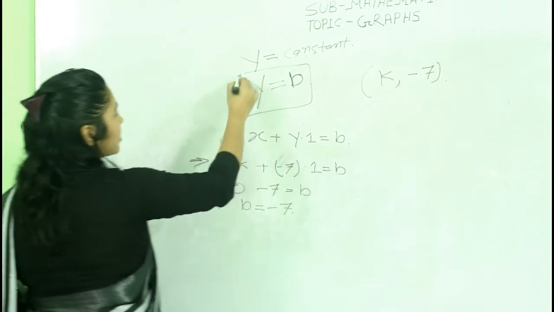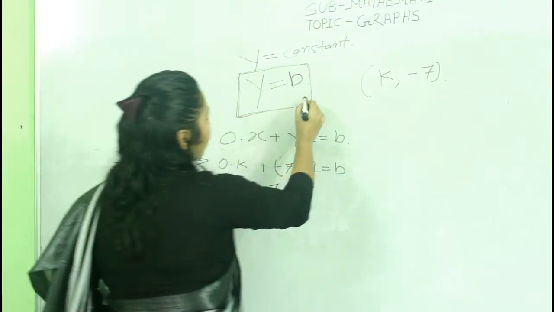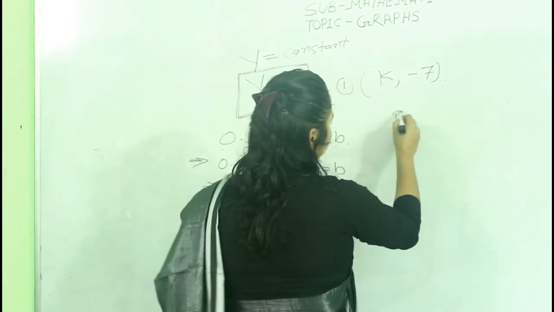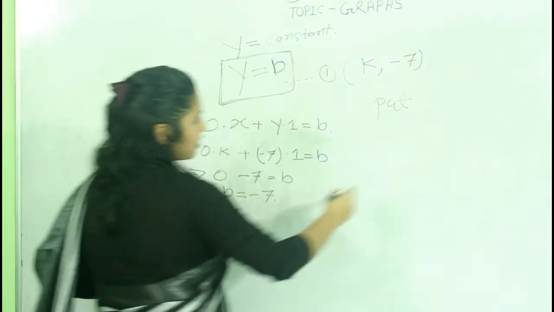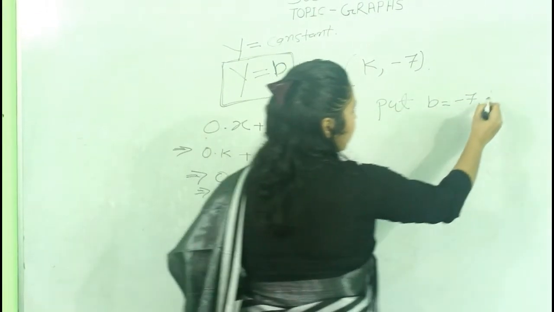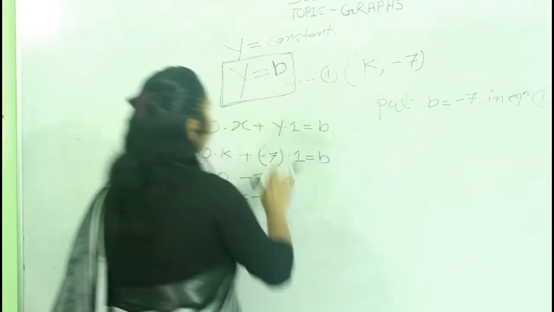Now our equation of this straight line is y equals b. Suppose this is equation 1. So put the value of b equals minus 7 in equation 1.